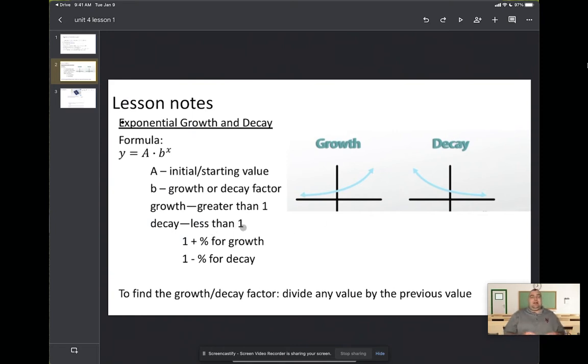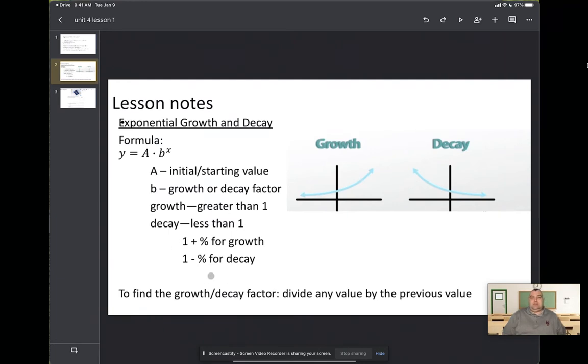One of the things that'll happen very often is that your growth or decay factor will involve a percentage, meaning you're increasing by a percentage each time or decreasing by a percentage each time. In cases like that, this is how we figure out the growth or decay factor.